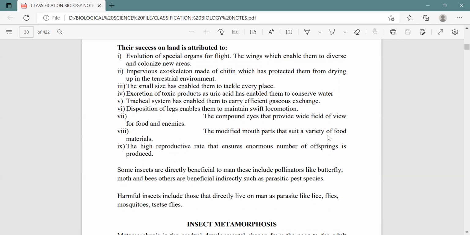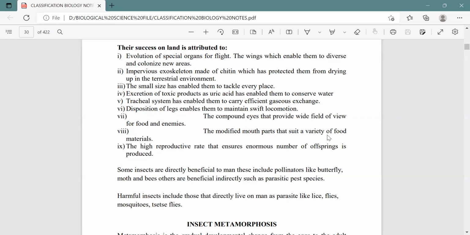The impervious exoskeleton made up of chitin protects the insects from drying up, or it helps them in water conservation, water retention in the body, in the terrestrial environment. The terrestrial environment is the environment on land.